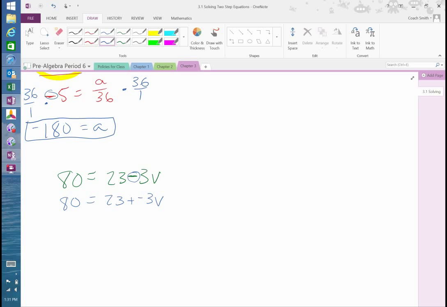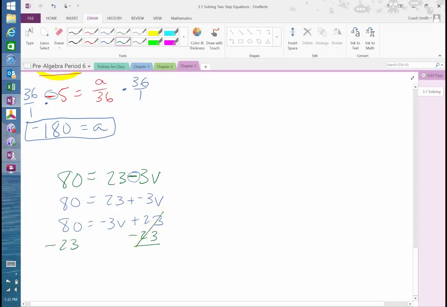All right, now, I'm also going to do this using my commutative property so it looks more like our normal equations. Okay, so now then I subtract 23 from both sides. That cancels there, leaving me with 57 is equal to negative 3v.